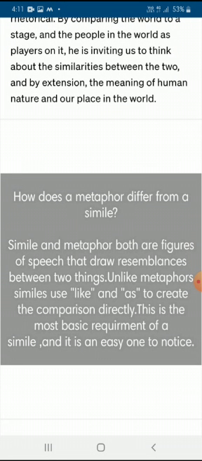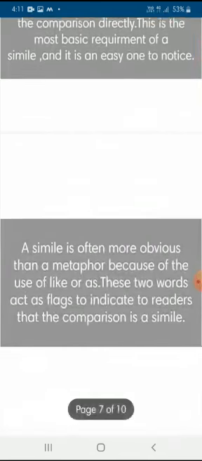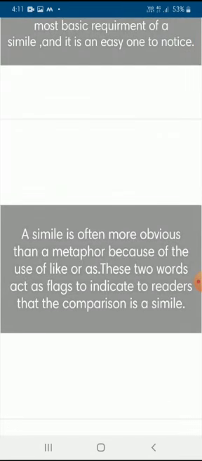This is the most basic requirement of a simile, and it is an easy one to notice. A simile is often more obvious than a metaphor because of the use of like or as. These two words act as flags to indicate to readers that the comparison is a simile.